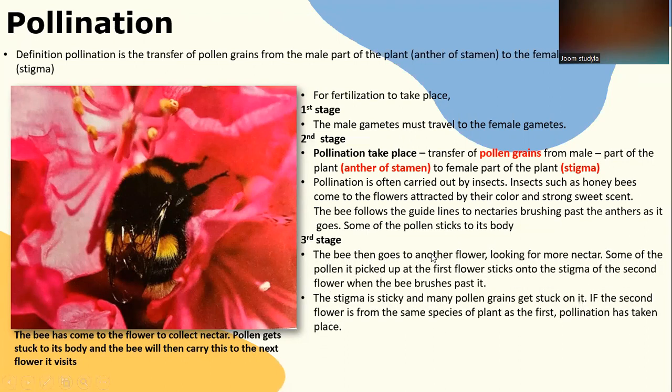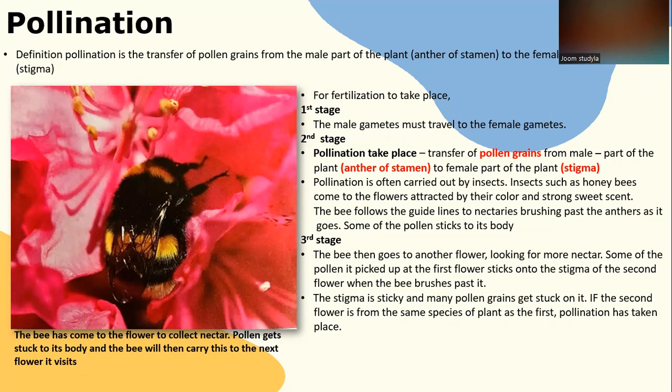And the third stage, the bee then goes to another flower looking for more nectar. Some of the pollen it picked up at the first flower sticks onto the stigma of the second flower when the bee brushes past it. The stigma is sticky and many pollen grains get stuck on it.